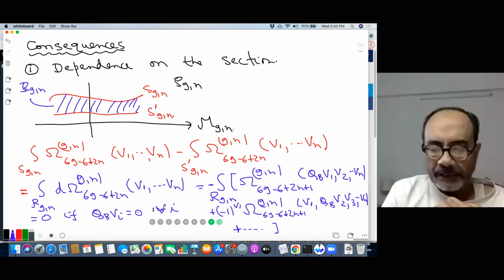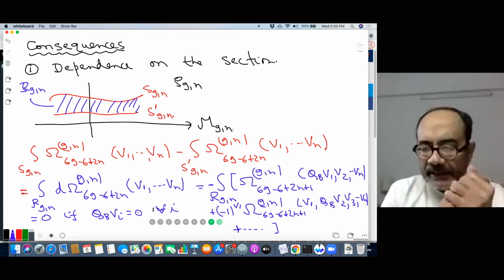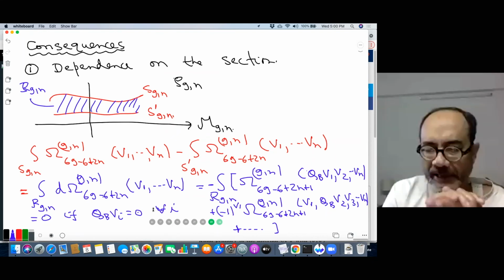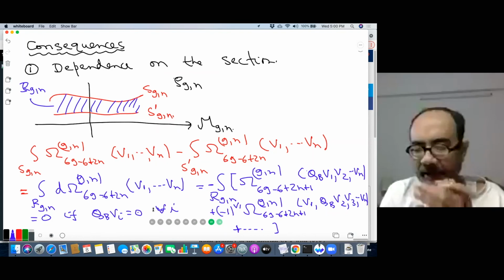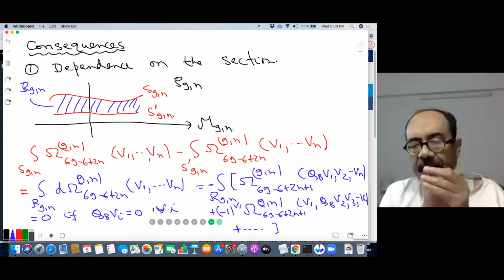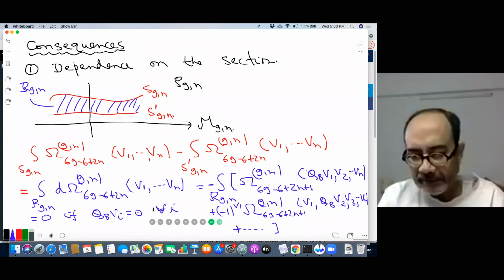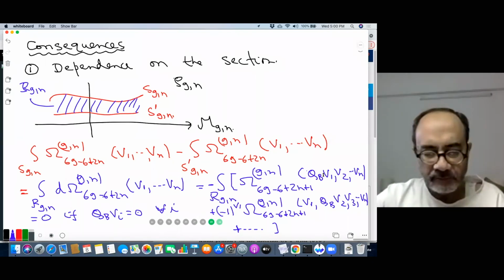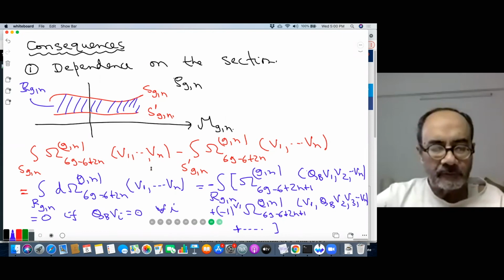On shell here doesn't necessarily mean that it has to be of the form c c-bar times a dimension 1 primary. It can be that plus any QB on something. As long as QB Vi is 0, this difference vanishes. So the on-shell amplitudes do not depend on the choice of section. Is this clear? Are there questions?